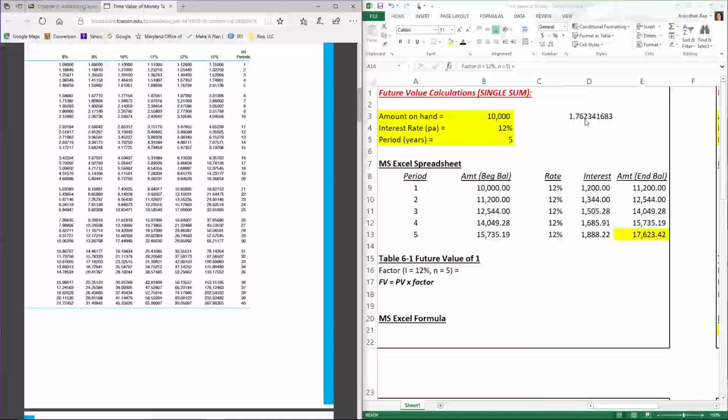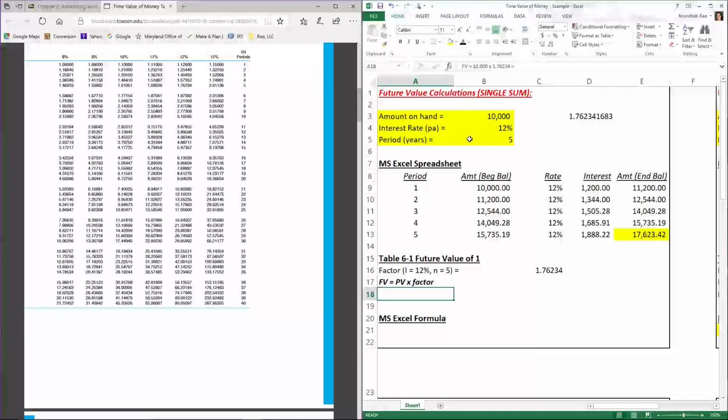So really there's no need to do the formula as I did over here. We can just look at our table and copy the number down. We can say that our number is 1.76234. I just looked it up and wrote that number. So how will I come out with the answer? Future value equals present value times the accumulation factor.